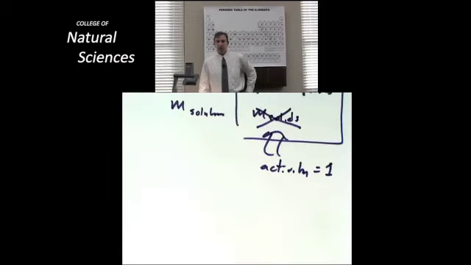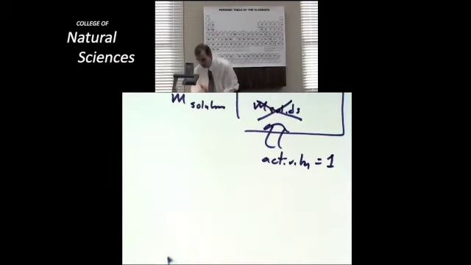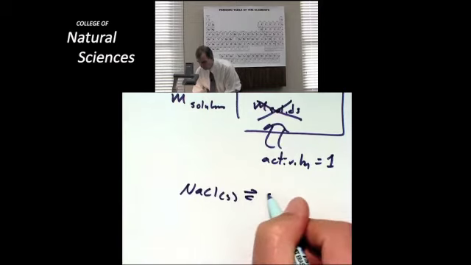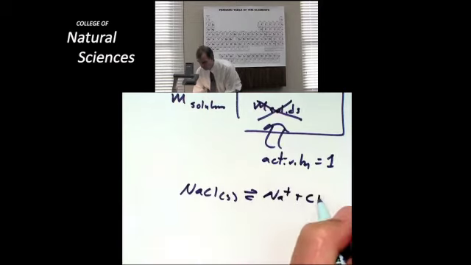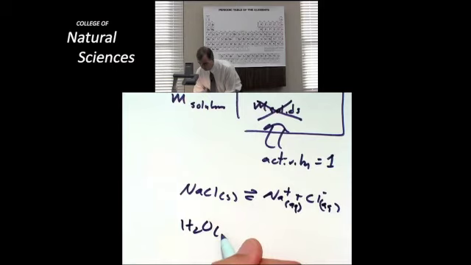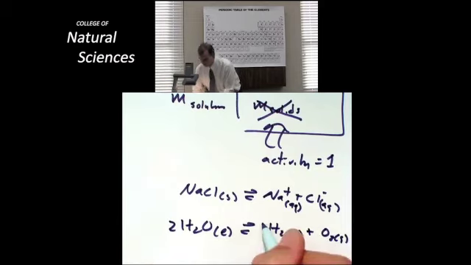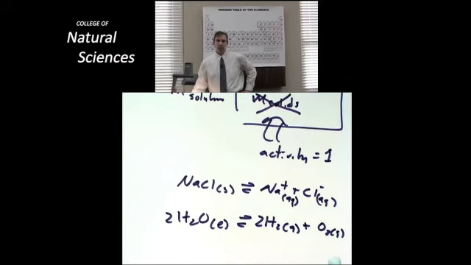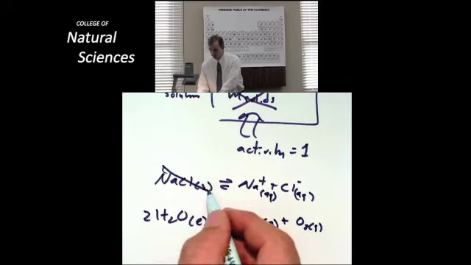This means then that if we take a look at any kind of reaction, and I'll just show you a couple examples here. You can see that when we set up the equilibrium constants for these, I would not include this solid right here.